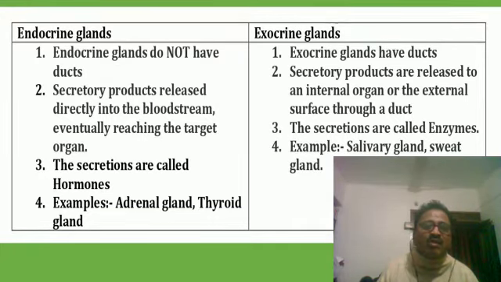The secretions are called hormones with the endocrine glands, but with the exocrine glands, the secretions are called enzymes. Examples of the endocrine glands: adrenal glands, thyroid gland, and examples of exocrine glands: salivary gland, sweat glands, and so on.